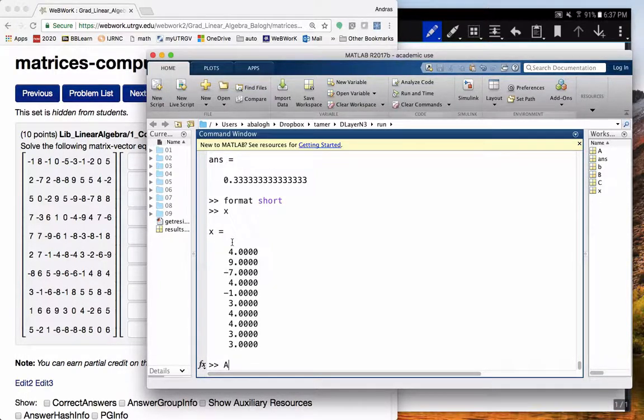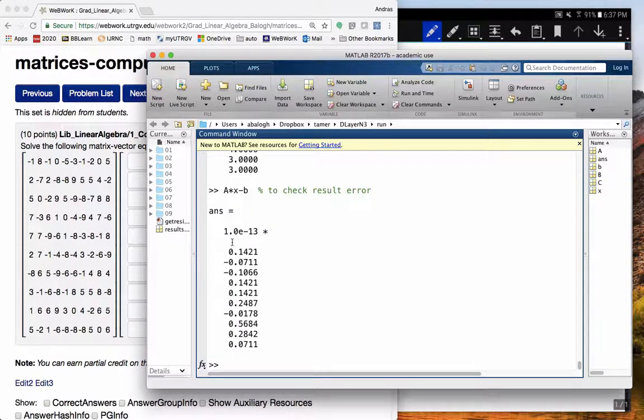Let me mention again that the error was 10 to the minus 13. Now let's do that again, this time with the inverse that I told you not to use.